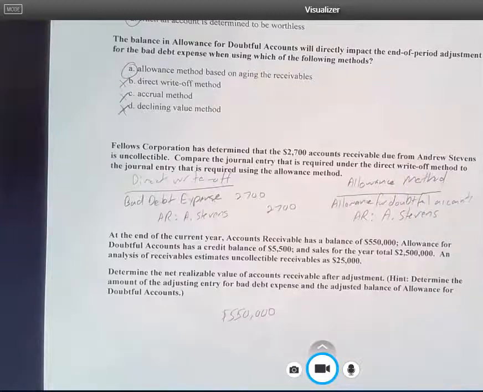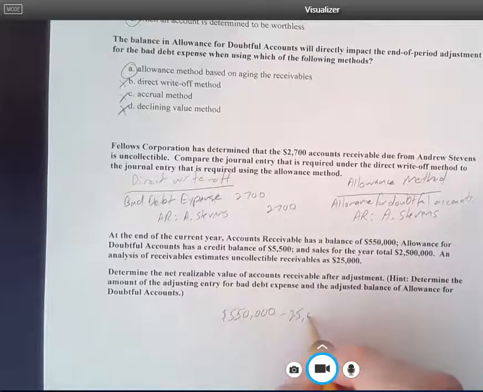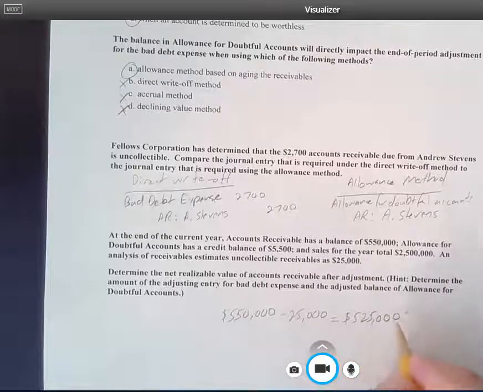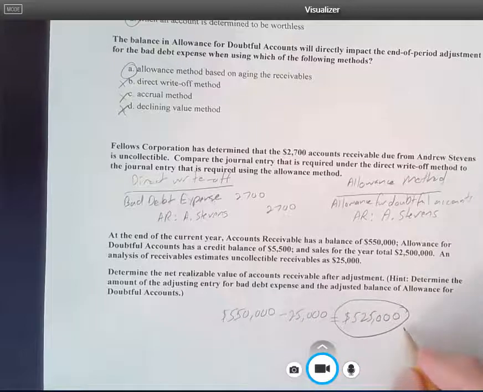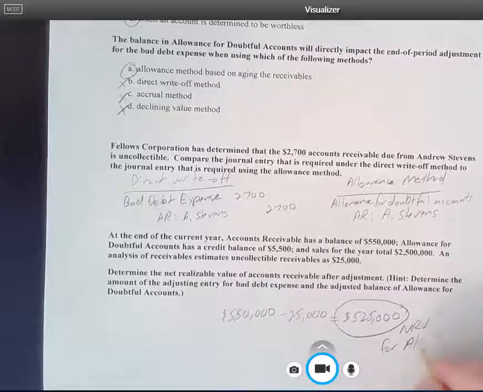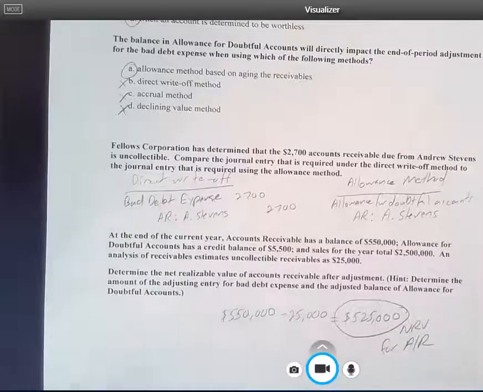Well, let's look at the question. The question says to determine net realizable value. So all we have to do is subtract out our estimate of what is not going to be collectible. And if we do that, we come up with $525,000 net realizable value for accounts receivable. And that's all there is to it.